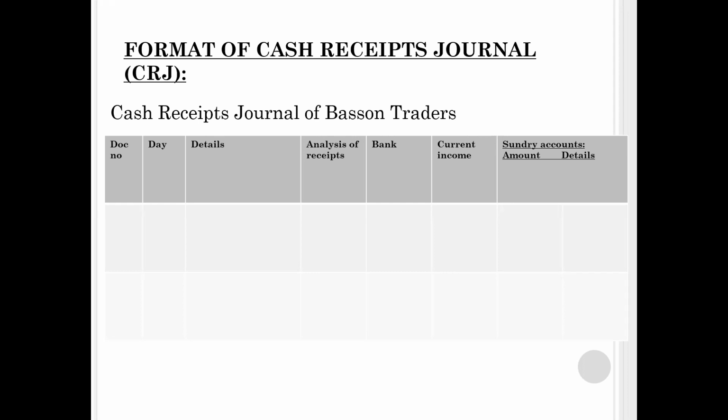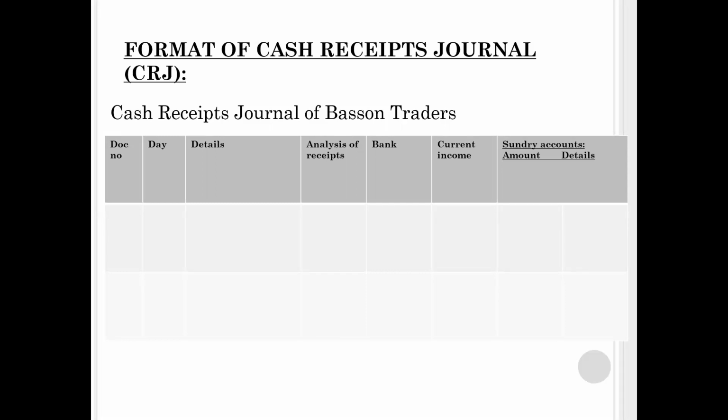Then analysis of receipts, that is your next column. That is like the safe of the business. So every time that you receive money in the business, you're going to write that type of transaction, or the amount, in there. Then the next column is bank, right? With bank, let's say you have one transaction for that day, then you take the total to bank.